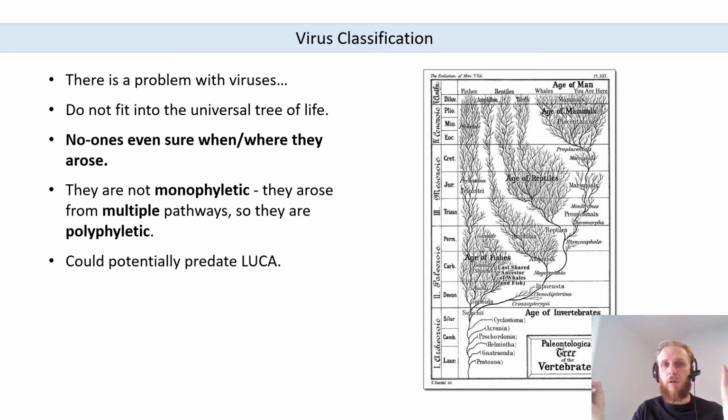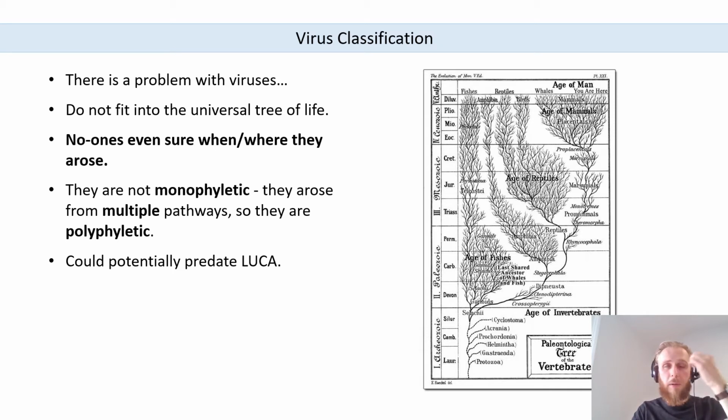So we've said all forms of life on the tree of life descended from the last universal common ancestor. Doesn't appear to be true for viruses. Again, we're just not sure where or when they evolved, and we're not sure about that evolutionary history, and the best we can do is organize them into these 7 groups. You see this term on the slide, which is polyphyletic.